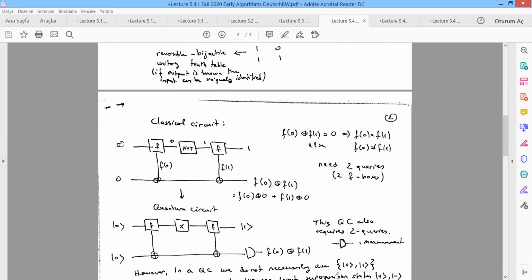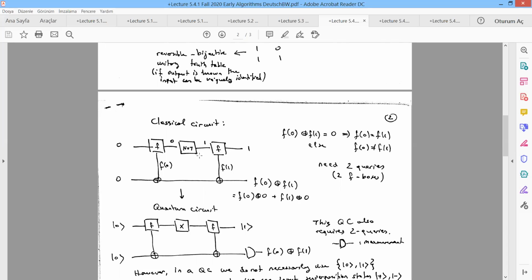Let's suppose in the input we have 0 and 0 values, and we have over here f of 0 XORed with 0, and then there's a NOT circuit which converts this 0 to 1, and then we have again this f function, and in the input we have 1, so this is converted to f of 1.